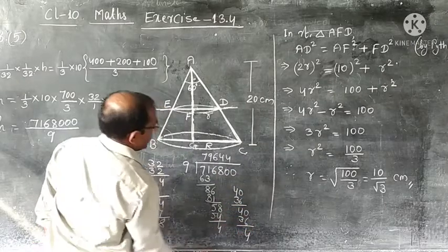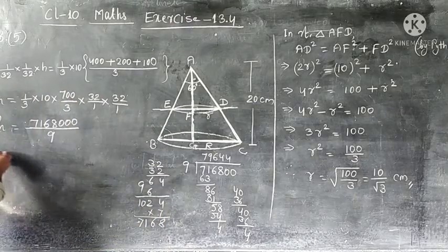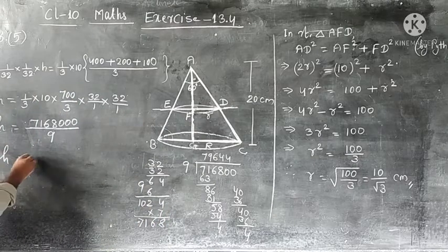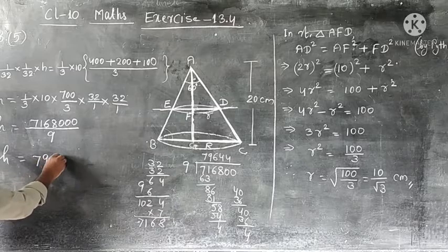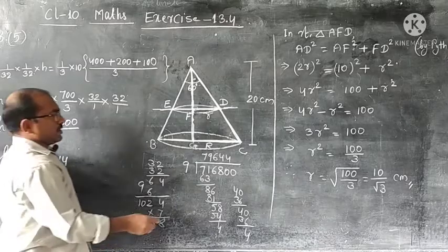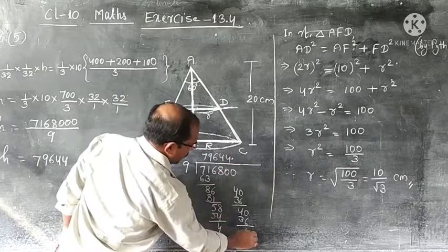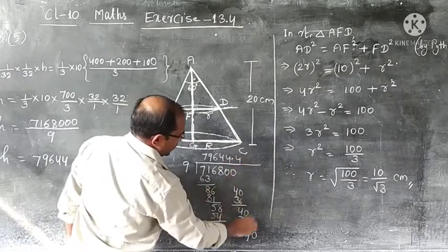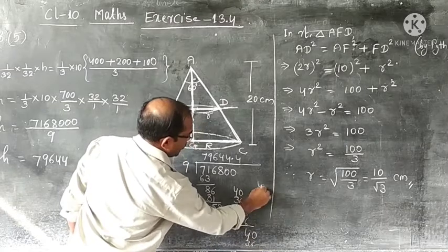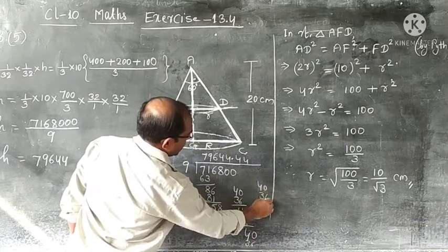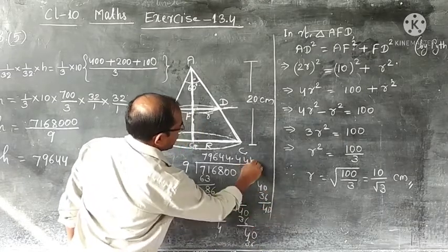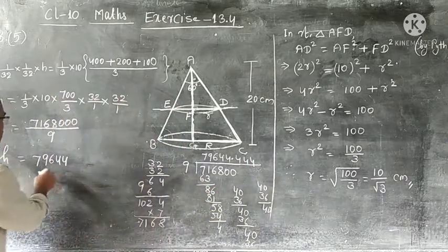So remainder is 4. We can convert into decimal or we can write it in this form also. Or let's convert into decimal, that is good if we come to know the length. So it will still continue. 9 4s are 36. Still 4 will remain. It will continue.